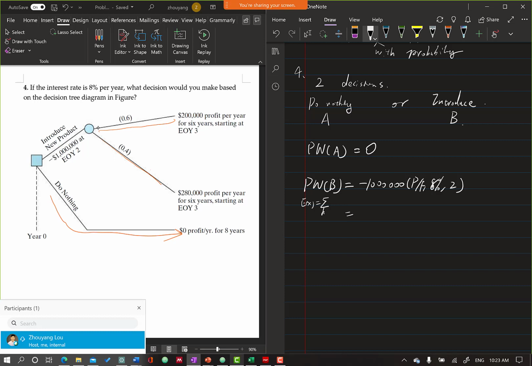Then calculate x_k times p(x_k), where k equals 1, k equals 2.